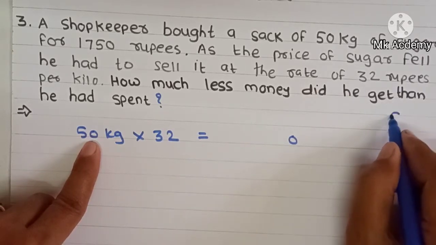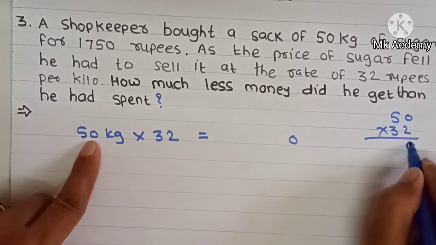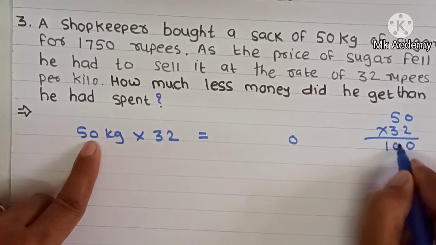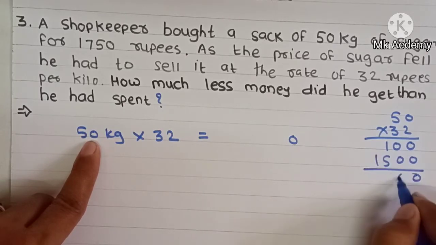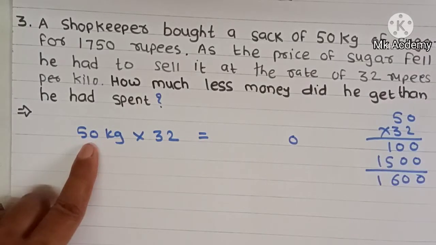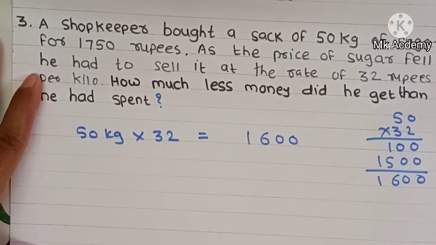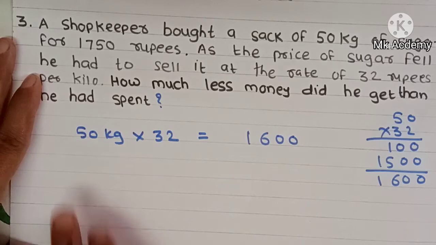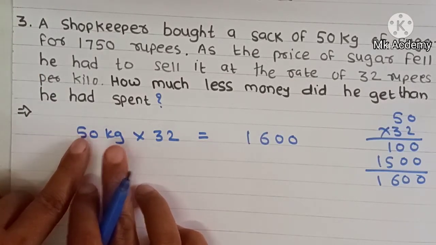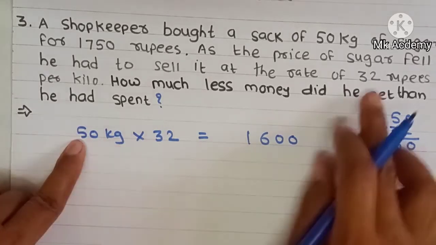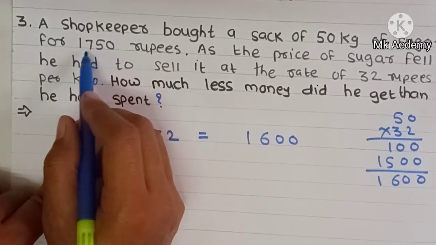See, we can solve in this way. 2 0 0, 2 5s are 10, 0 3 0 0, 15, 1, means 1,600 rupees. He can sell 50 kg sugar at 30 rupees per kg for 1,600.